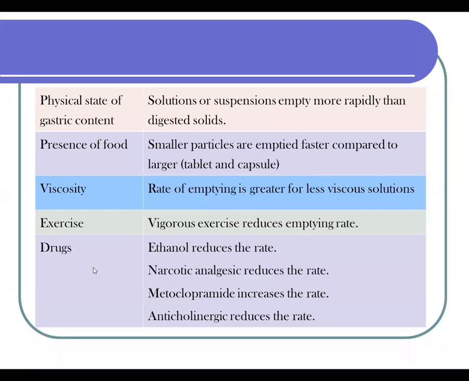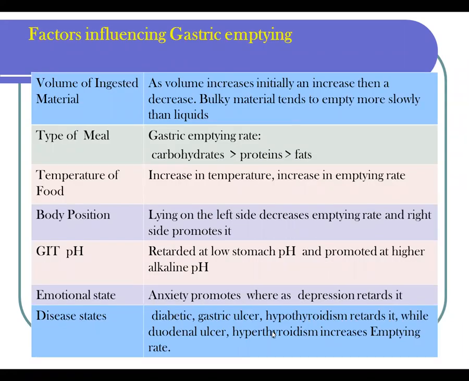And the next, the associated drugs, which are the drugs we are consuming. Ethanol, I already told yesterday, it reduces the rate of emptying, and narcotic analgesics reduce the rate, and metoclopramide increases the rate, and anticholinergics reduce the rate. So I don't expect you to memorize all this, but at least the left side, whatever factors have been highlighted, you have to remember these factors and justify that.